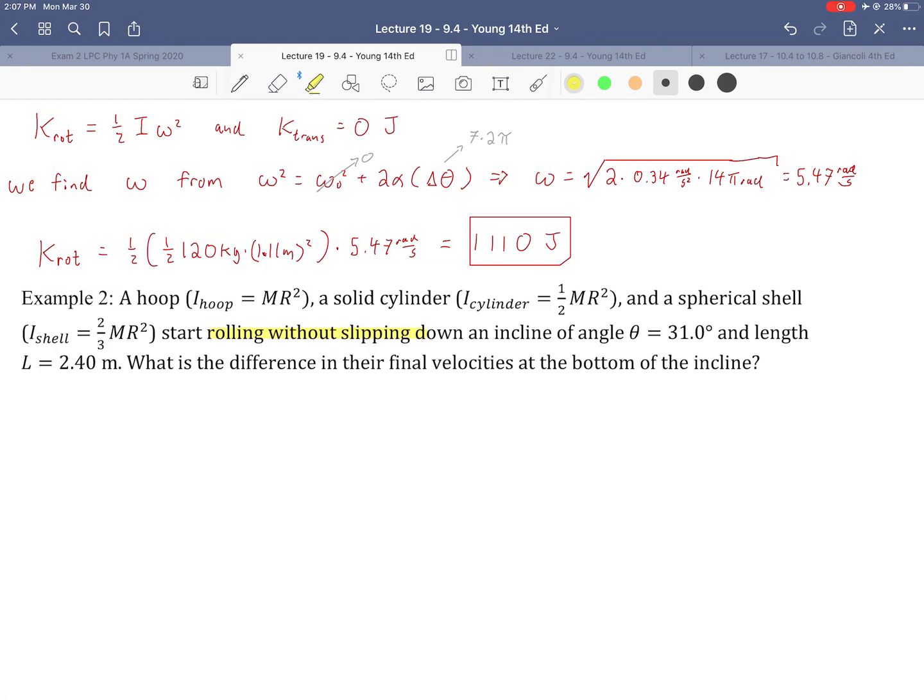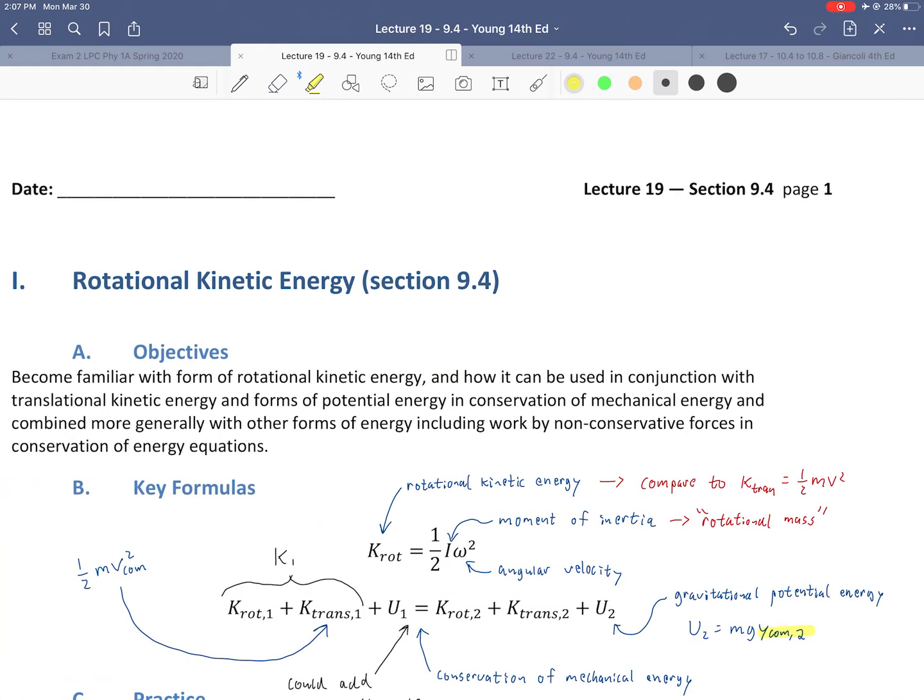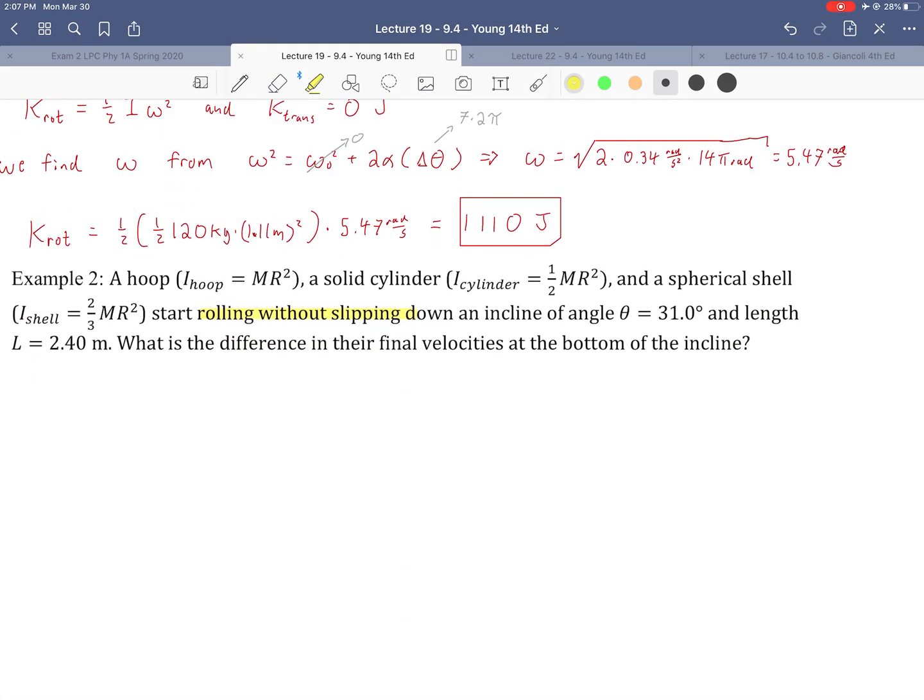Okay, and in this case we're rolling down an incline. It's 31 degrees. There's no friction or anything. And we're interested in the final velocities of our 3 different objects. Notice this, each object has its own moment of inertia, its own rotational mass. That's because for rotational mass, shape matters.